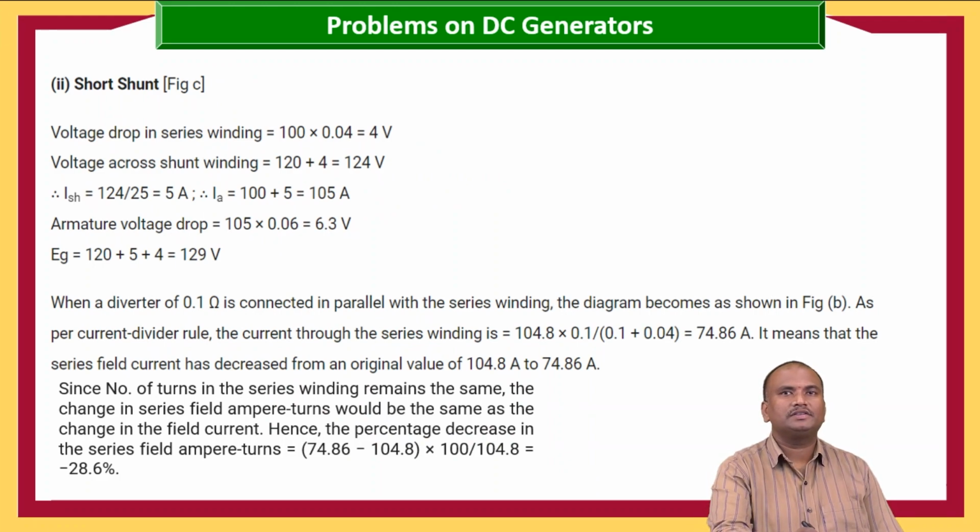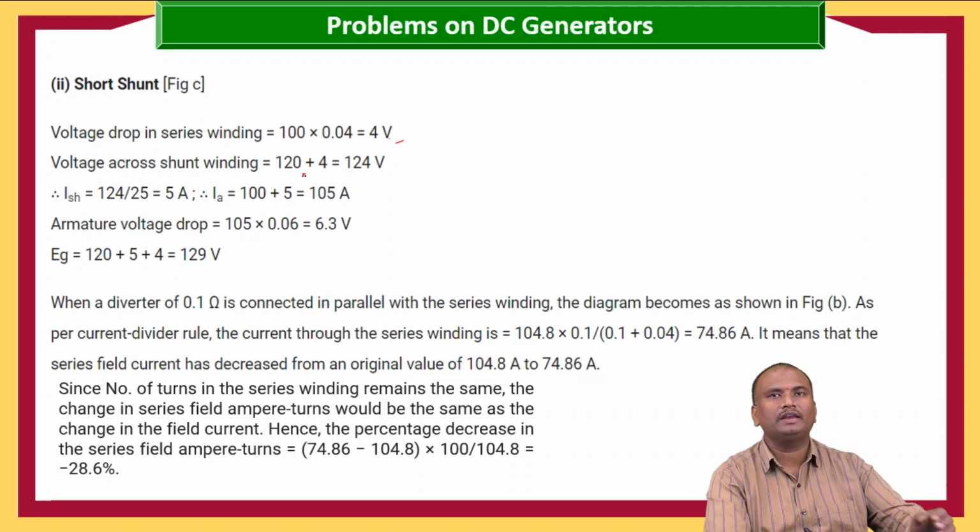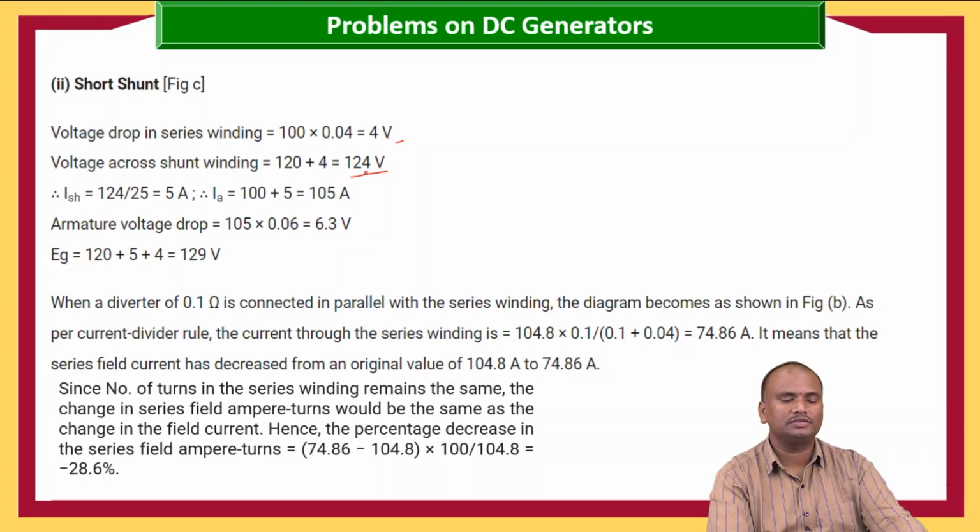And the next one is, if I go with the short shunt, voltage drop in series winding is 100 into 0.04, which is equal to 4 volts. Voltage drop in shunt winding is 120 plus 4, that is equal to 124 volts. Now the shunt current is equal to 124 by 25, which is approximately 5 amperes.